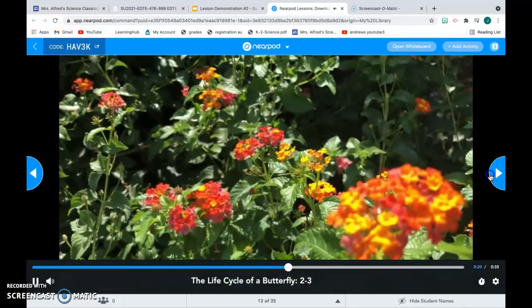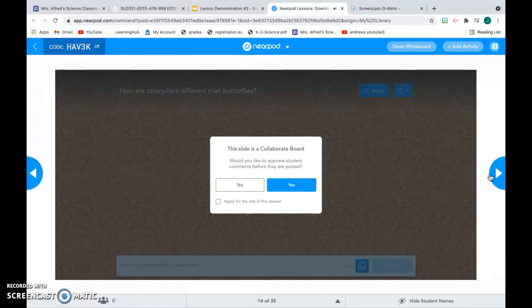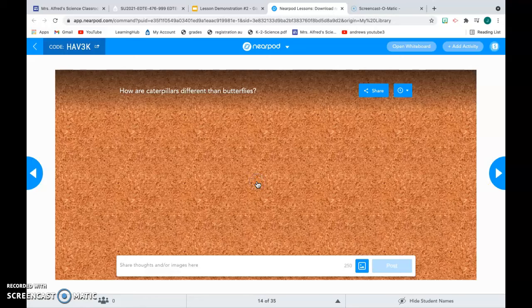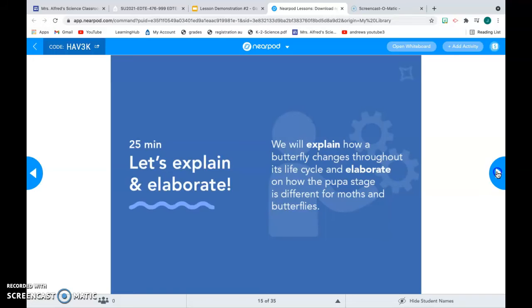So boys and girls, you are able to see the difference between a caterpillar and a butterfly. How are they different? Share your ideas. Put them in and let's see.